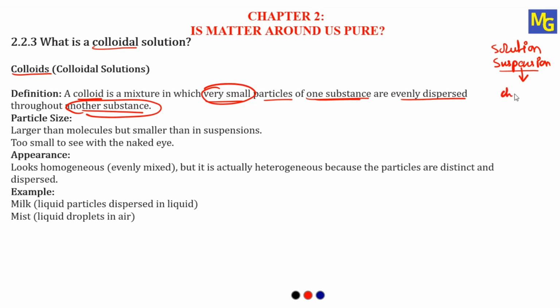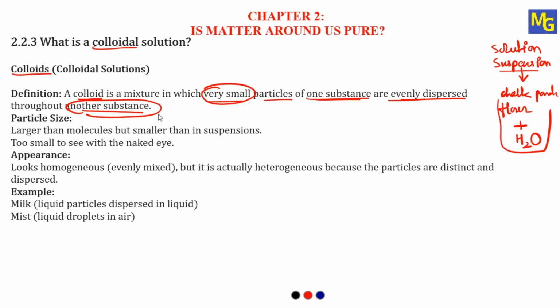I gave the example of chalk powder, or you can take flour, rice flour or wheat flour, and we can mix it in water. So when you see such type of solution, particles will not be very small, and even these will not be evenly dispersed, uniformly mixed in whole this water. That was called as suspension.